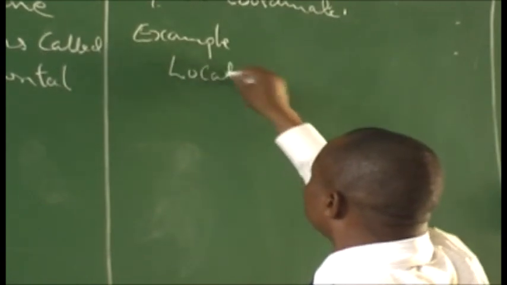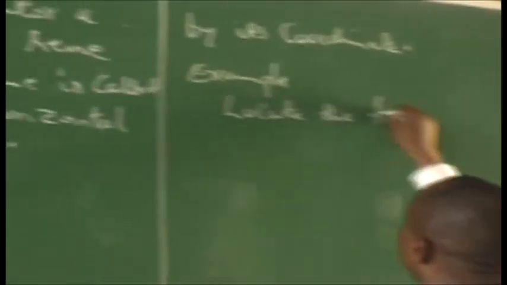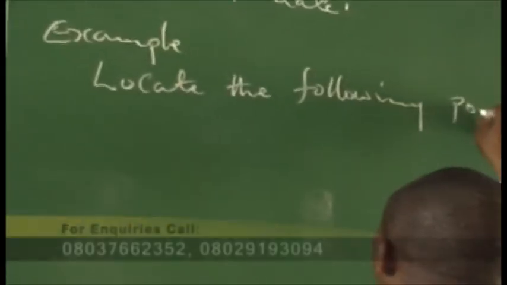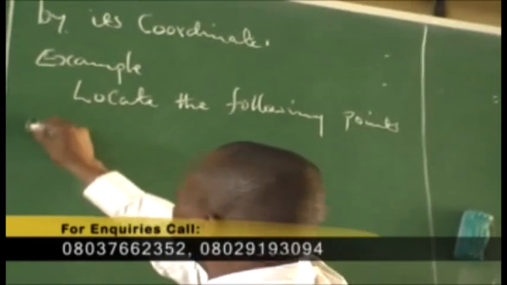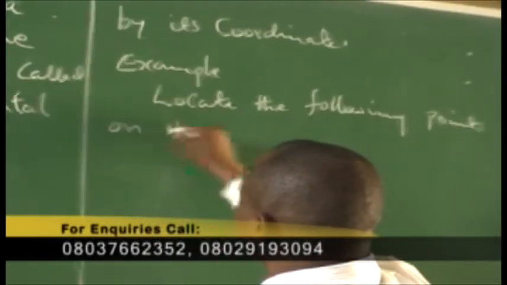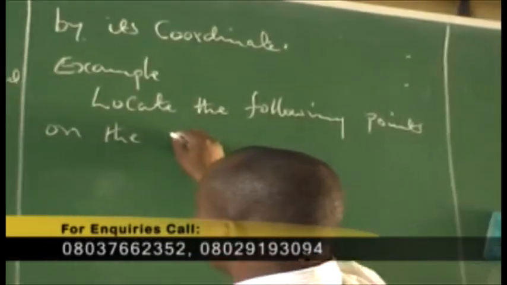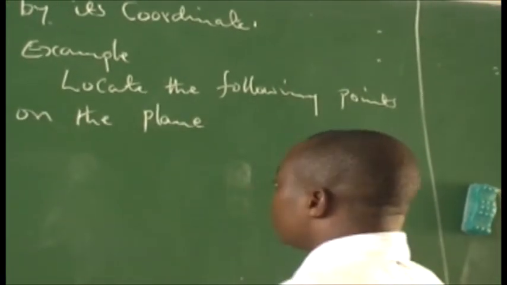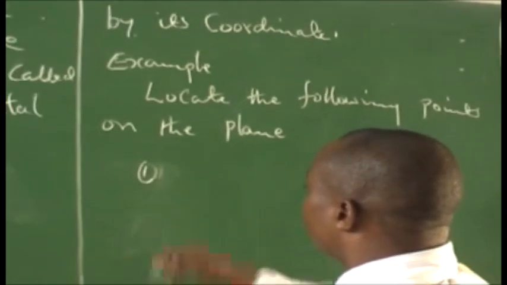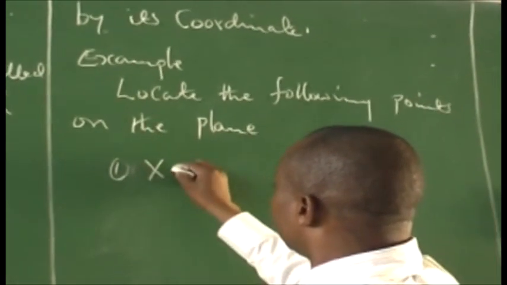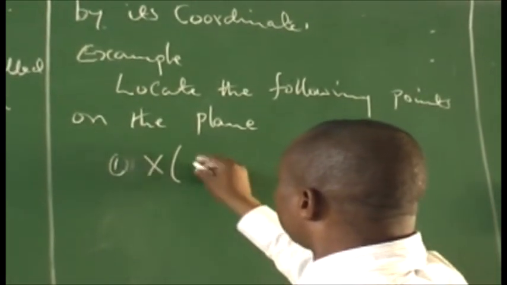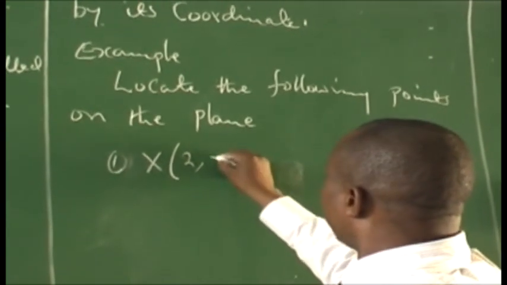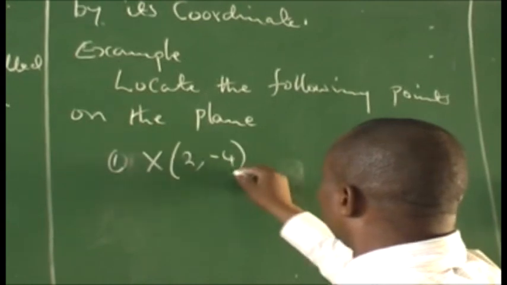And so now, for example, locate the following points on the Cartesian coordinate plane. Point X will have coordinates 2 and minus 4.